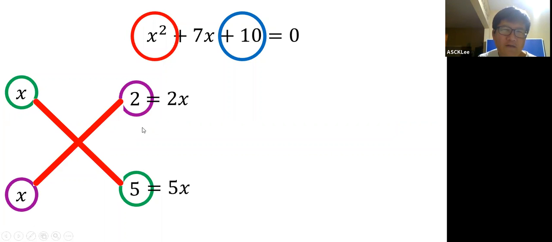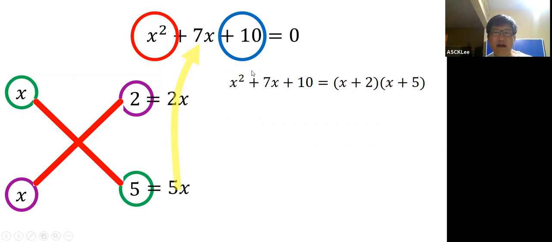If you add 5x plus 2x, you do get 7x. That means you've arrived at your factors. Your factors are x plus 2 and x plus 5.